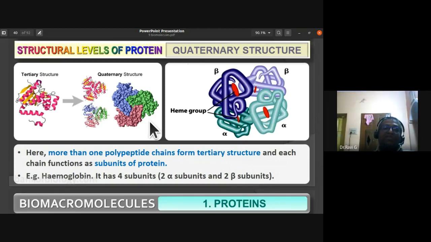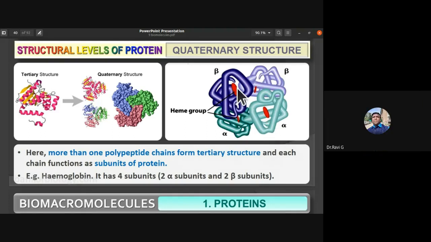Here in quaternary structure, you notice that more than one polypeptide chain forms a tertiary structure, and each chain functions as a subunit of the protein. Example, hemoglobin. It has four subunits: two alpha subunits, the bluish ones, and two beta subunits.